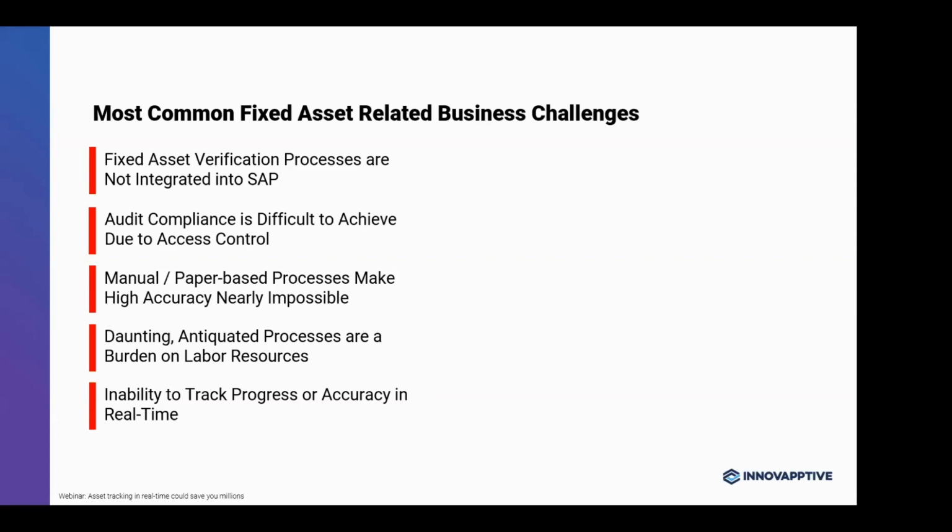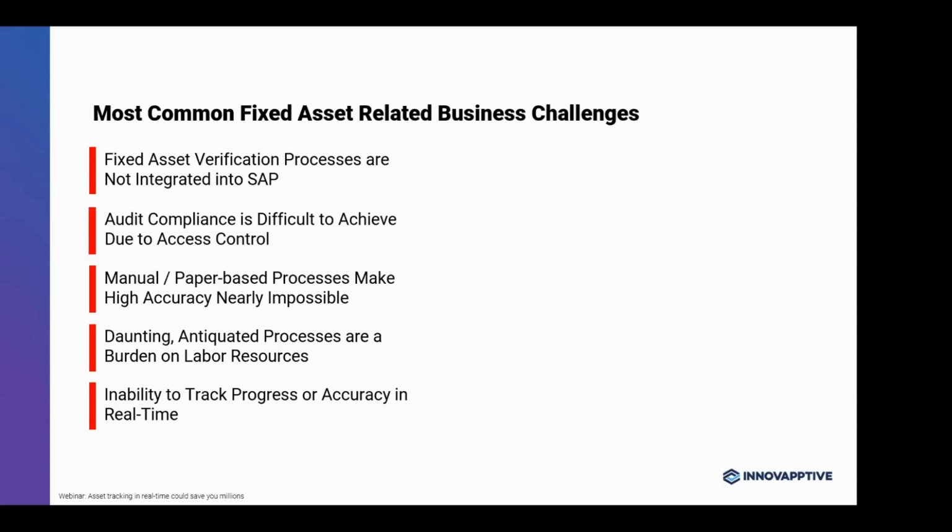The counting and tracking processes are typically not integrated into backend SAP directly, which gives a lot of room for error. And then we have the labor burden. Labor resources used in asset tracking and verification have to use this antiquated paper-based process, which is another thing that leads to big inaccuracies in your asset management.